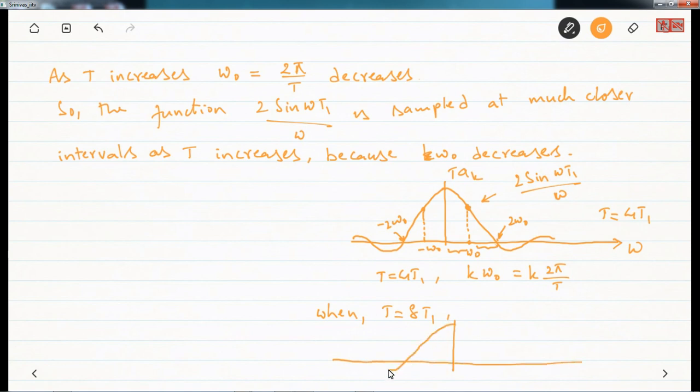So something like this. Say this is a function again. This is still the same function, 2 sine omega t1 by omega, but now I have this omega naught, 2 omega naught, 3 omega naught, and this will be 4 omega naught. So the samples will be something like this.